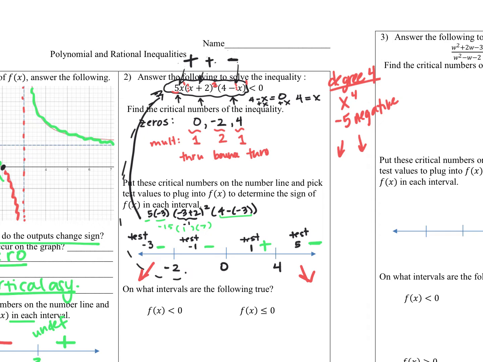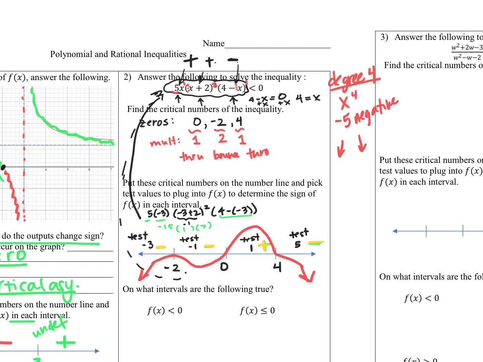So at negative 2, we would bounce. At 0, we would go through, and then we'd come back down and go through 4. So that's what a super rough sketch would be. And that matches up with the signs that we got. We said negative, negative, because we're below the x-axis there. Then we switched over to positive because we're above the x-axis, and then we went negative again.